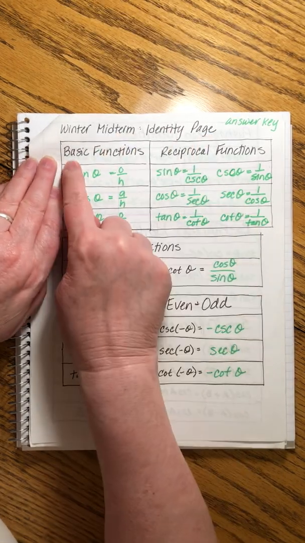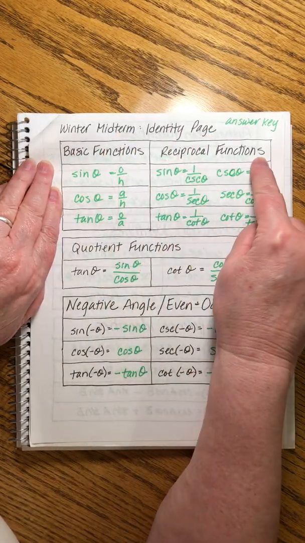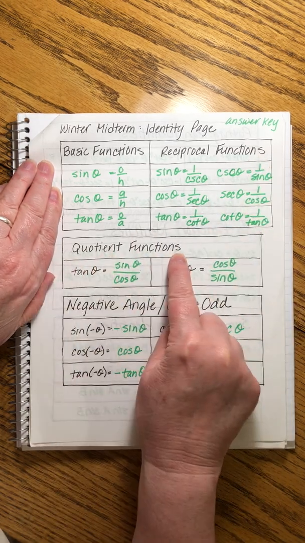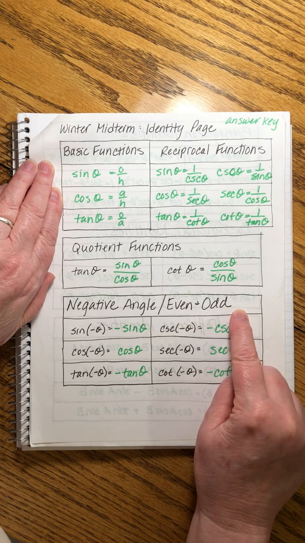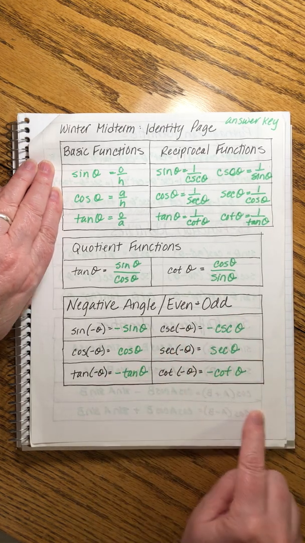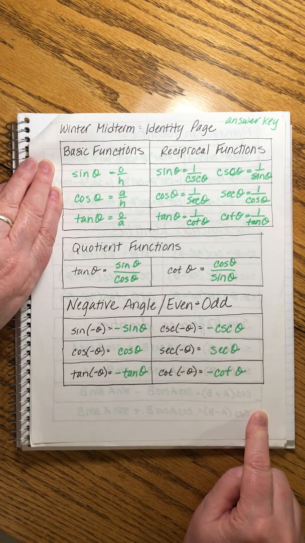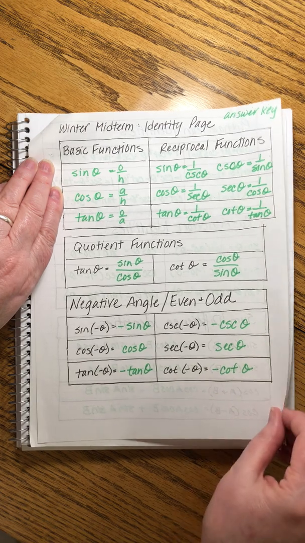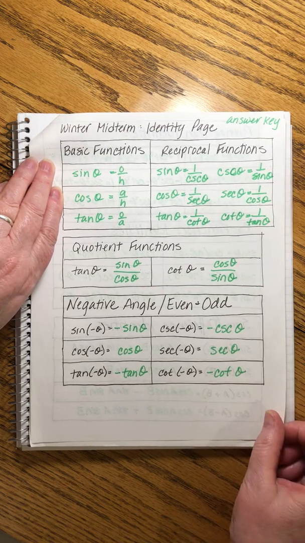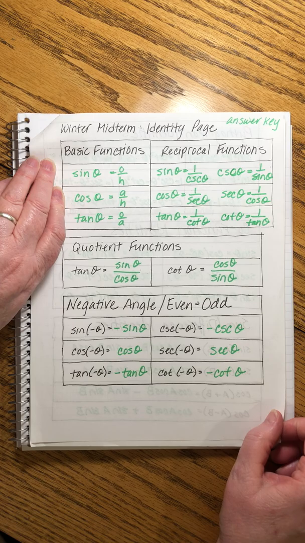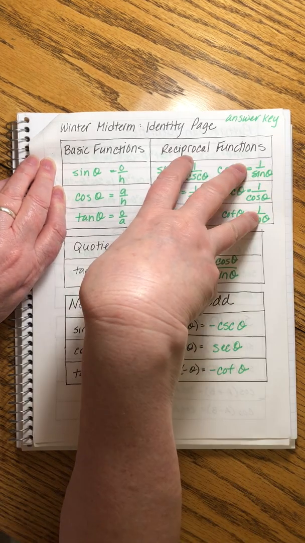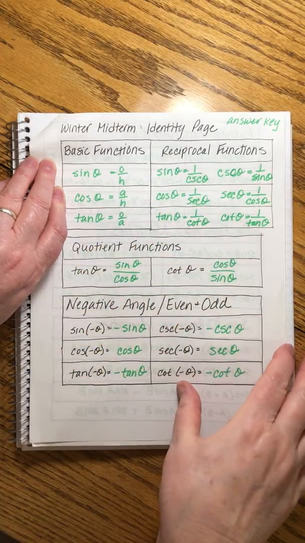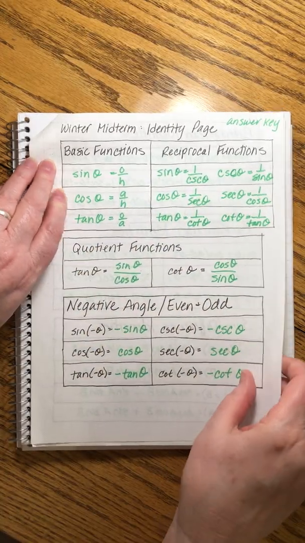So it says identity page, basic functions, reciprocal functions, quotient functions, negative angle, or we also call them even odd functions, right? All of this. And I'm letting this linger here under the camera so that if you would like, you can come back in this video and screenshot this and copy it all out and study off this.